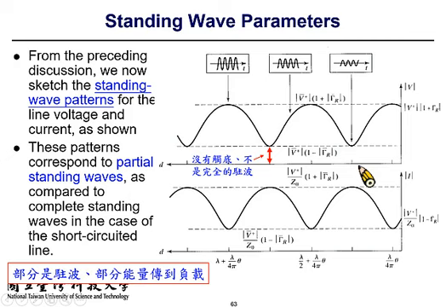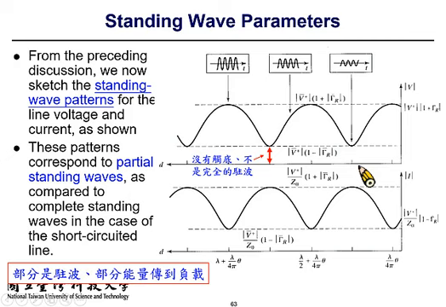And the parameter that is useful in characterizing the standing wave pattern is referred to as the standing wave ratio, SWR, or sometimes the voltage standing wave ratio, VSWR. So it goes with SWR or VSWR.